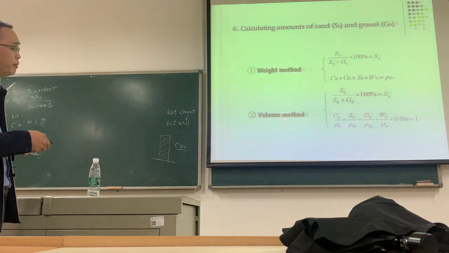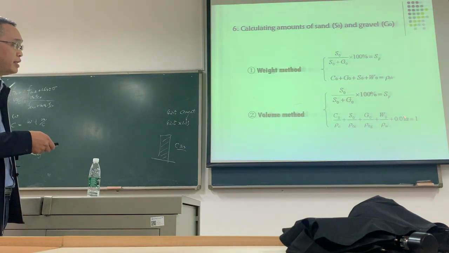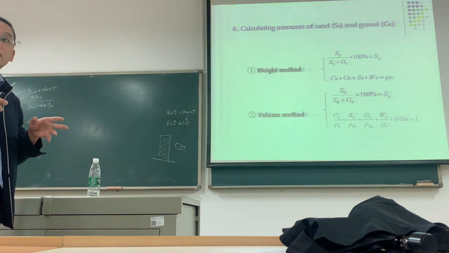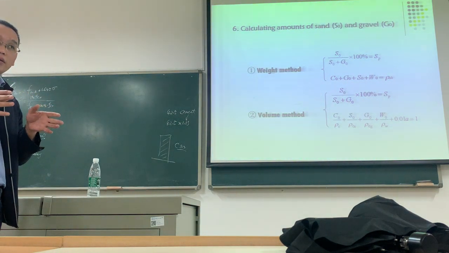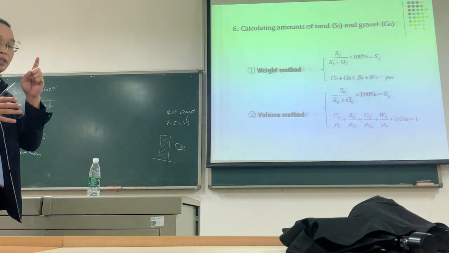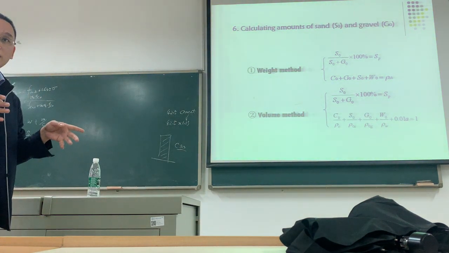And this one is for the volume method. This is for the porosity, the volume of the pores. Maybe just 1% in concrete. So in the concrete structure, there is 1% volume for the pores.